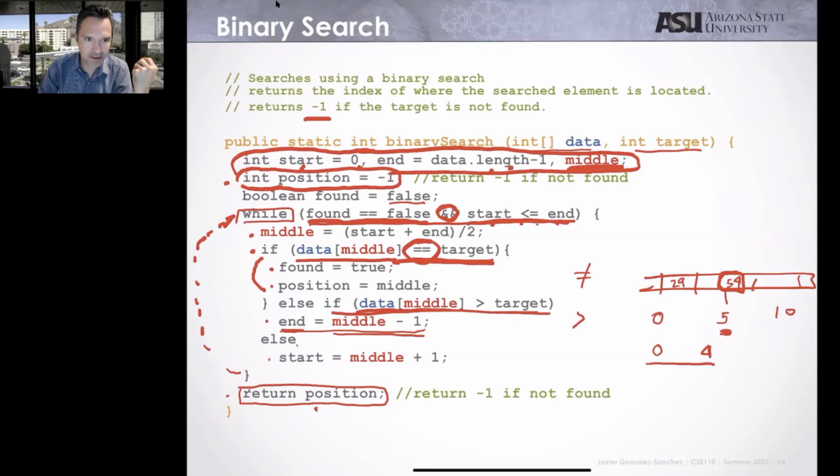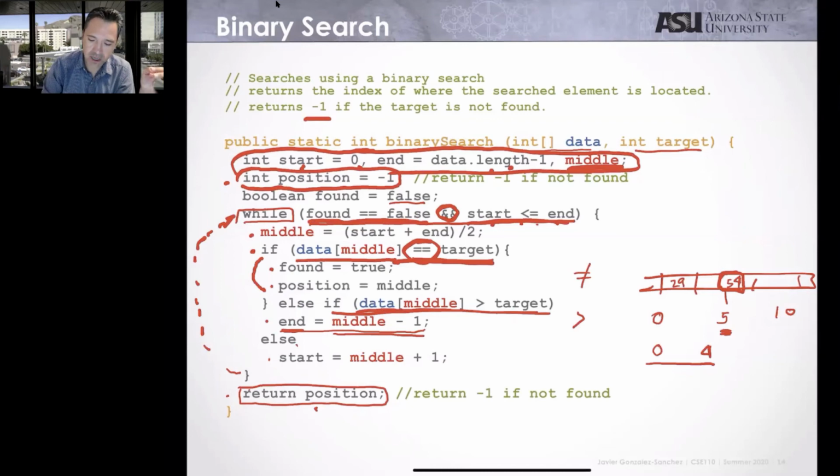We have an else. Here you can think about, well, the else should have another condition, and the other condition should be middle lower than target. But just because we already compared the equal and we already compared the greater than, by default, there is no other option. If it's not equal and is not greater, then it's going to be smaller.